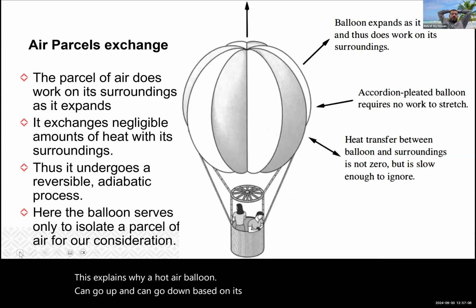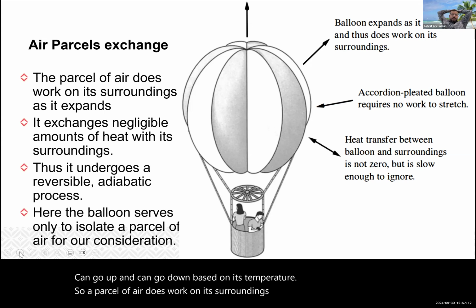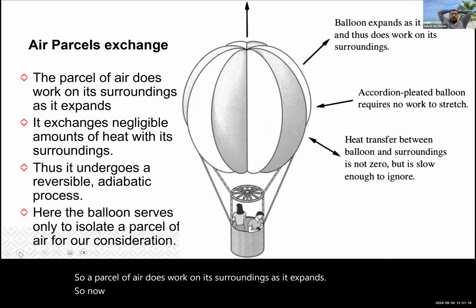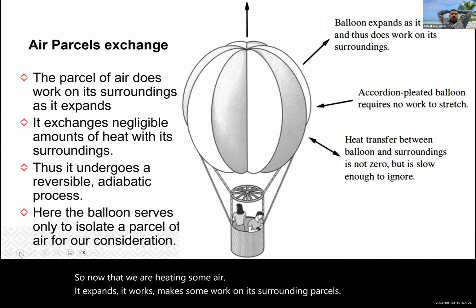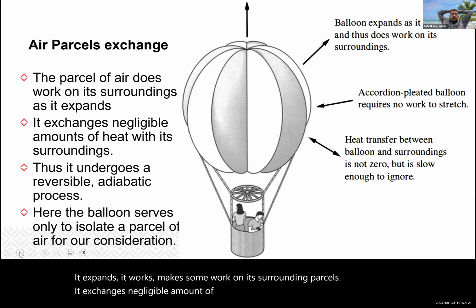So a parcel of air does work on its surroundings as it expands. Now that we are heating some air, it expands and does some work on its surrounding parcels. It exchanges a negligible amount of heat with its surroundings, thus it undergoes a reversible adiabatic process.